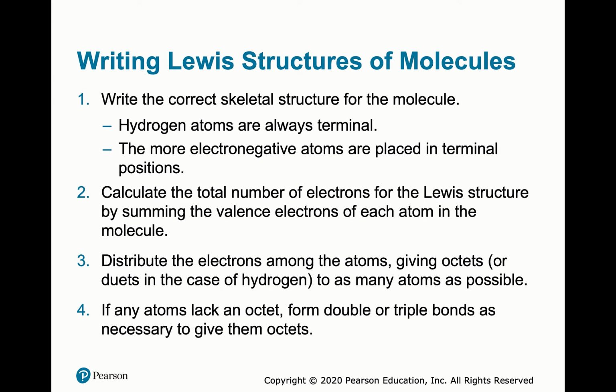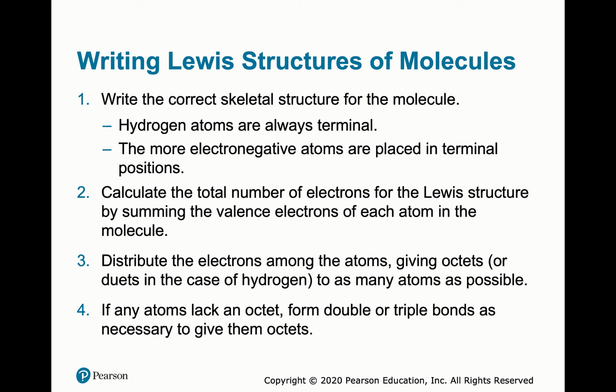So how do we write Lewis structures of molecules? First, you start off with the skeletal structure. Hydrogen atoms are always terminal, and the more electronegative atoms, like halogens, are also placed terminal. You put the bigger atoms, like carbon, nitrogen, and phosphorus, in the middle. Then sum up the number of valence electrons.